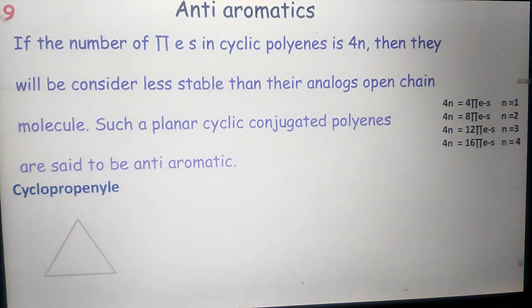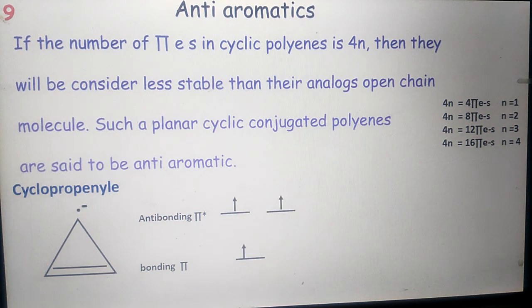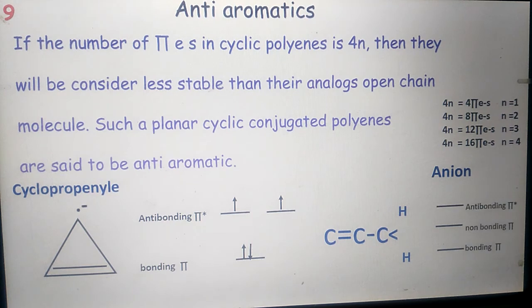For example, cyclopropenyl. Cyclopropenyl in anion form, the electron is present in an anti-bonding pi molecular orbital. If we take its open chain analog in anion form, then the electrons become paired in a non-bonding pi molecular orbital.